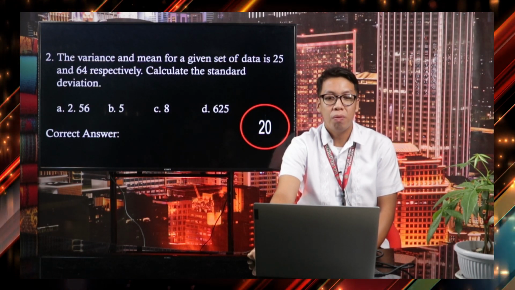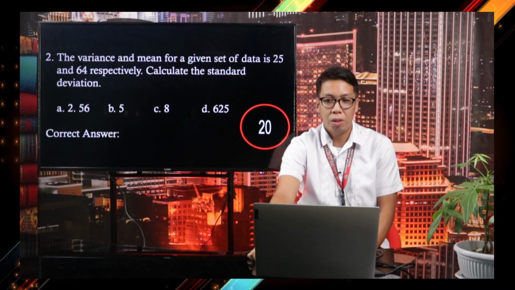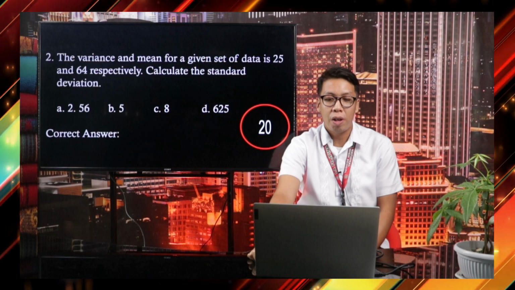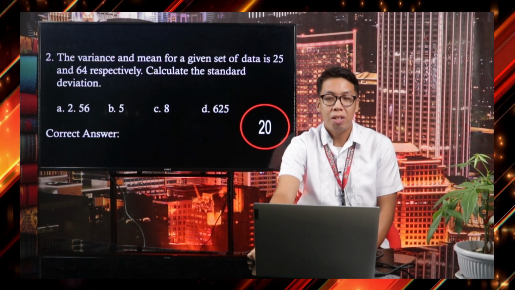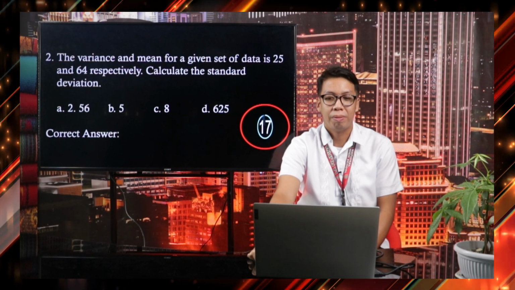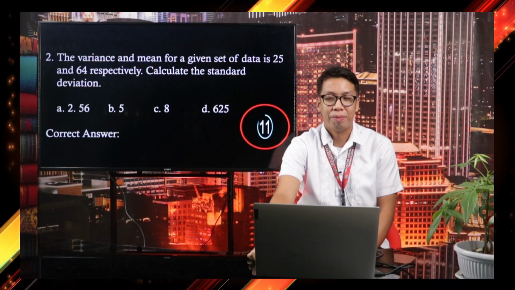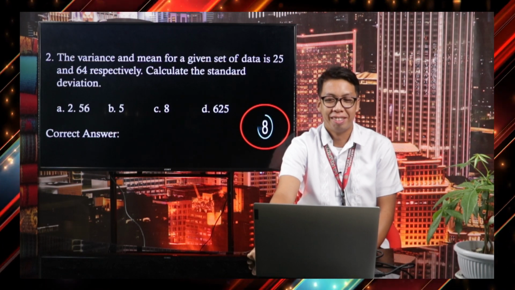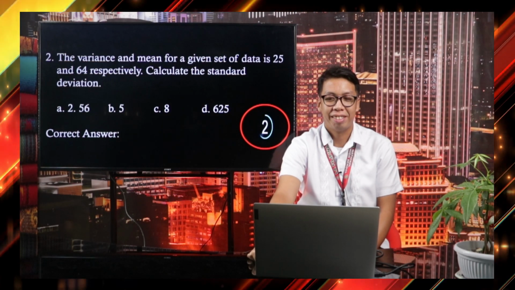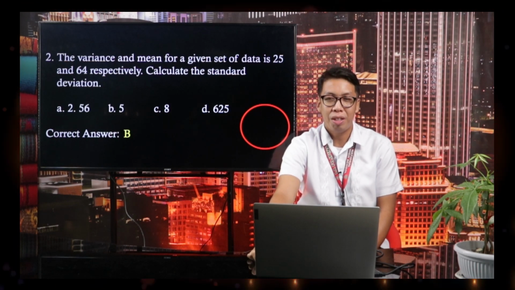The variance and mean for a given set of data is 25 and 64 respectively. Calculate the standard deviation. A. 2.56, B. 5, C. 8, D. 625. Time is up. The correct answer is letter B.